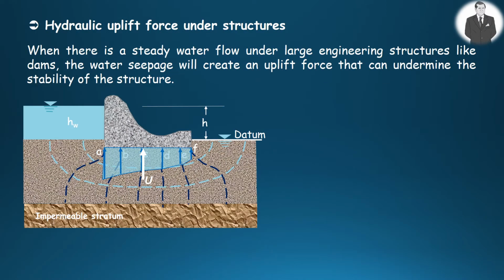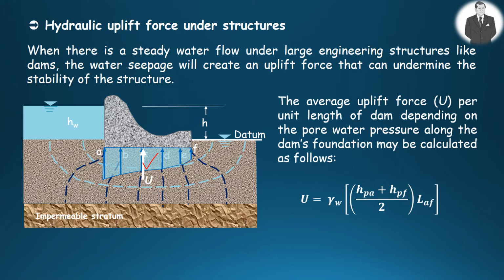When there is a steady state water flow under a huge engineering structure like a dam, the water seepage will result in an uplift force, as shown in the figure, which can weaken the stability of the structure.